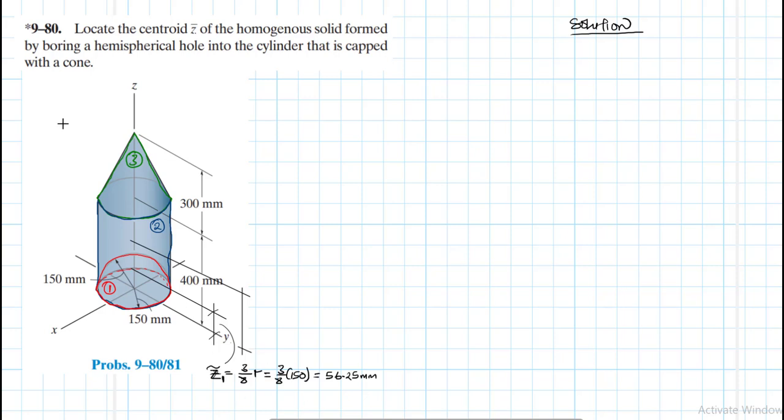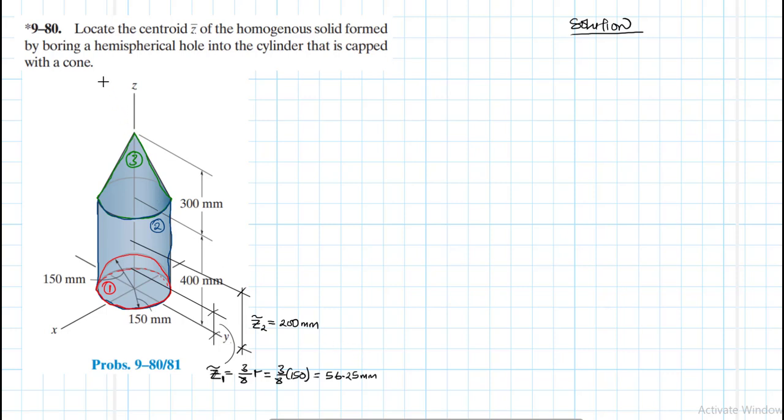Okay, great. So let's say it is somewhere there. So what do we call this one? This one, you call it Z bar 2, and this one is going to be equal to the height of the cylinder is 400, therefore half this length is 200.